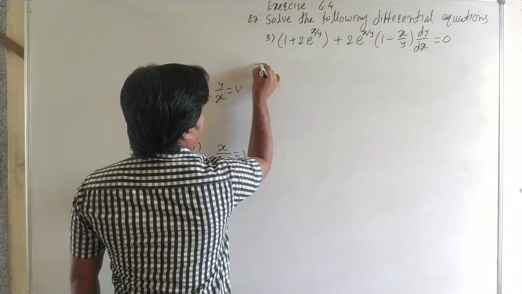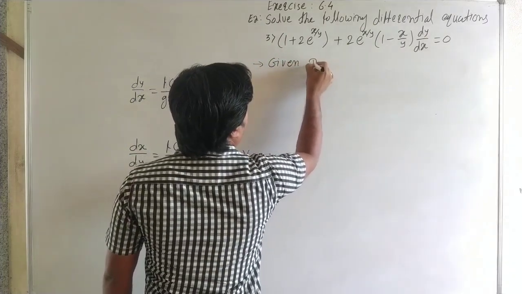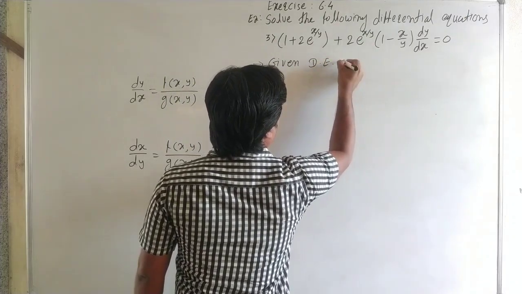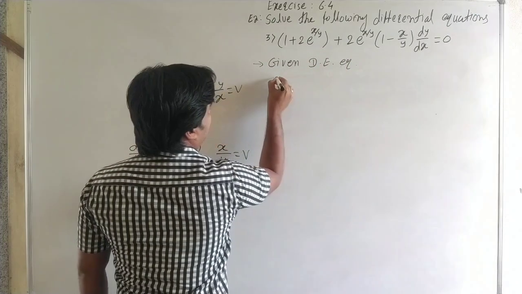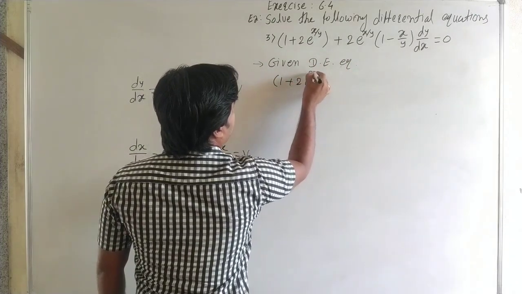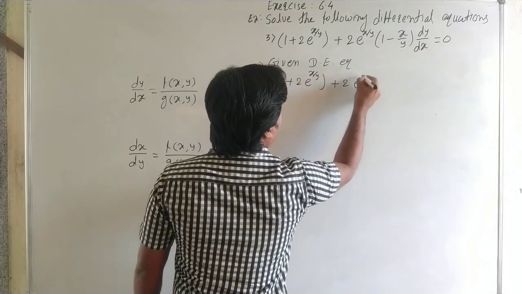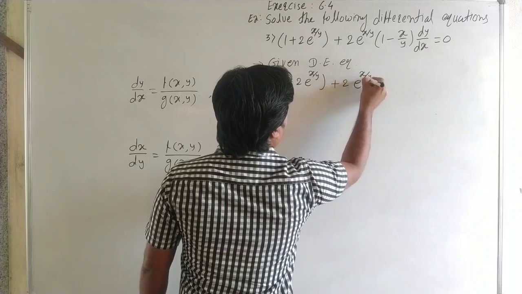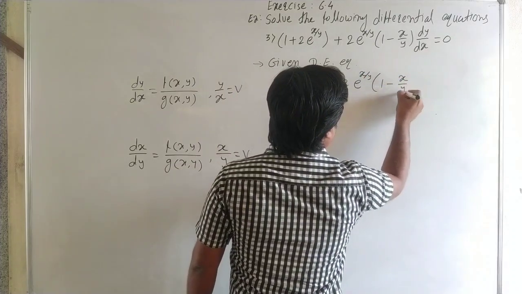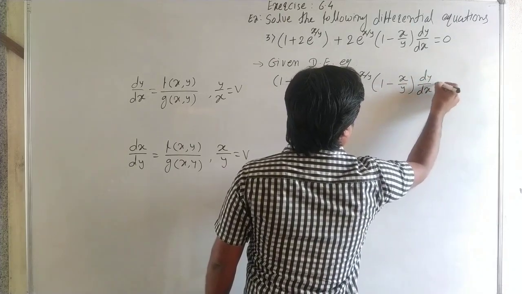See carefully, the given differential equation is 1 plus 2 e raised to x by y plus 2 e raised to x by y into 1 minus x by y, dy by dx is equal to 0.